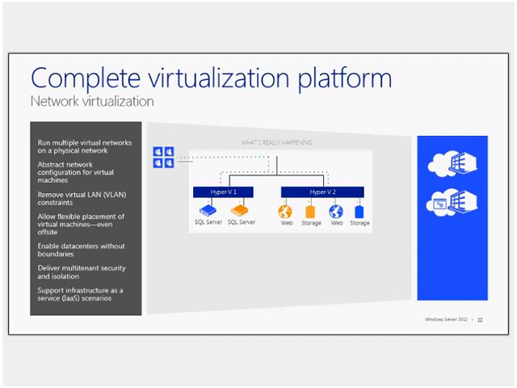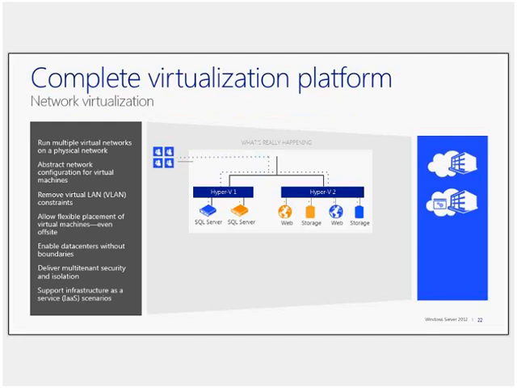So when we look at configuration of virtual machines, VLANs do have some constraints, as we know. There are things that hold us up and limit what we can do with VLAN tags. The complete virtualization platform, with network virtualization, gets away from having to use VLAN tags all the time.